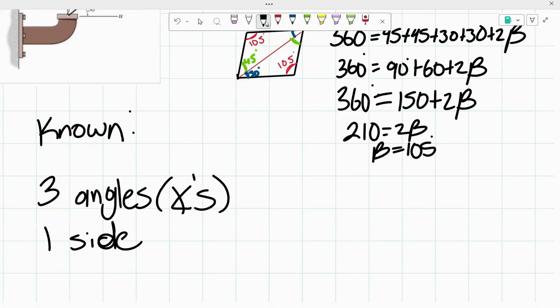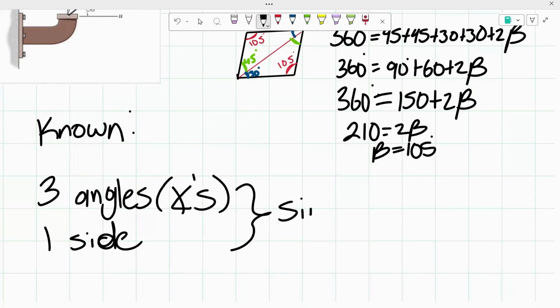So is there one law, one equation that we could use to help us find the other 2 sides? Because we want to think of this as a triangle. This is a triangle. So we know one side of the triangle and we know the 3 angles of the triangle. So what could we use to find the other 2 sides?